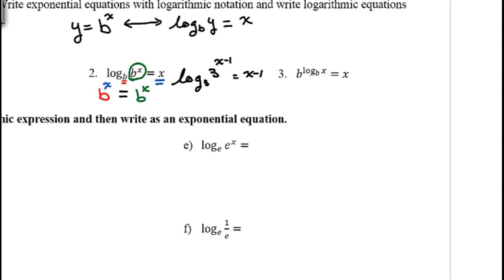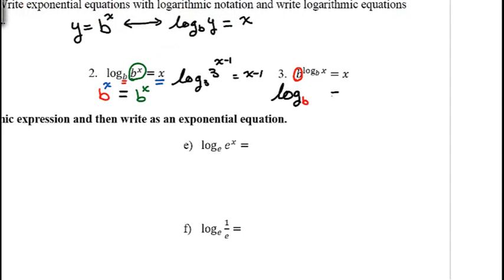And this next one is b raised to the log base b of x is equal to x. The only way I can think of to explain why this one is true is to rewrite it. Right now it's written in exponential form because we have some number being raised to a power. So we would want to rewrite this in log form. The base of the log is the same as the base of our exponential, so that would be this b.